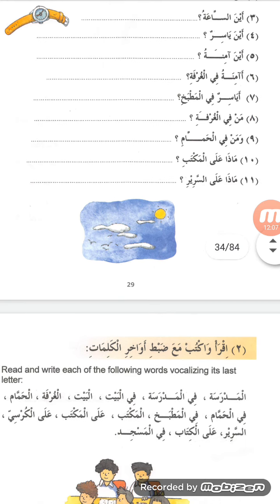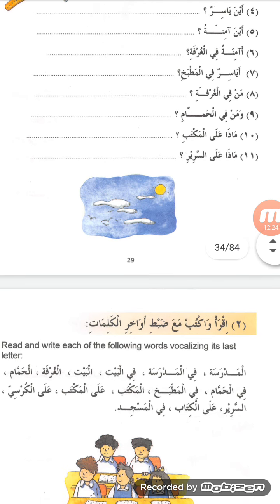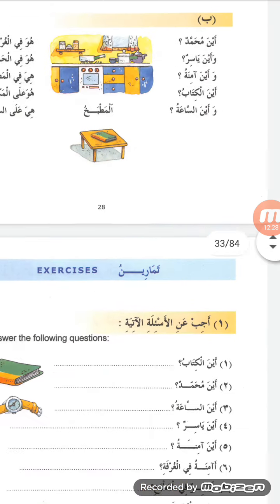Aina as-sa'ah, where is the watch? I will say hiya because as-sa'ah is feminine. Hiya ala al-maktabi, it is on the desk. Hiya ala sariri, it is on the bed. Aina Yasir, where is Yasir? So let's have a look.